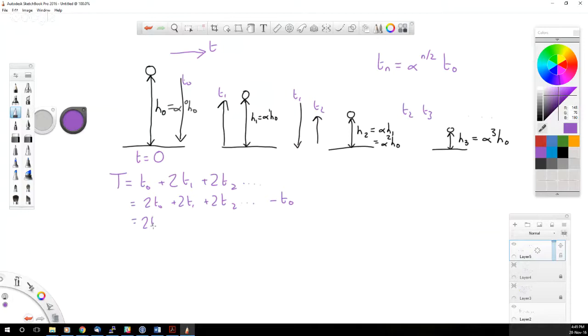Or taking 2T0 out, 1 plus alpha to the power half plus alpha to the power half squared. This is a bit of an odd way of writing it, but I'm trying to show that the factor each time is root alpha this time, rather than alpha.